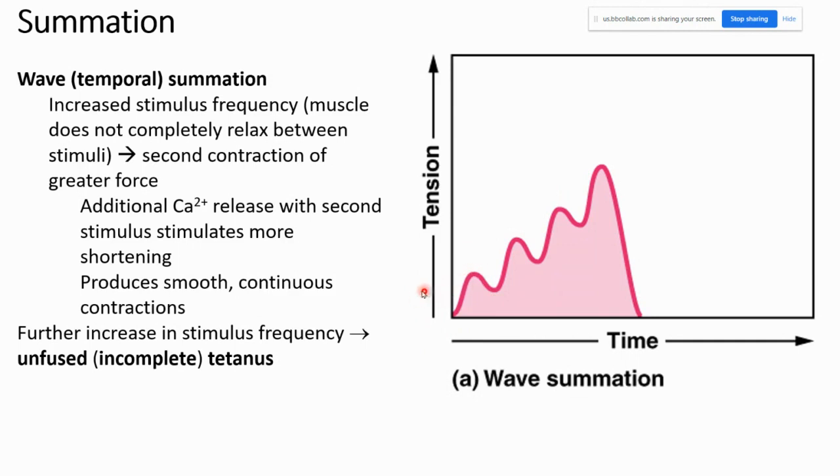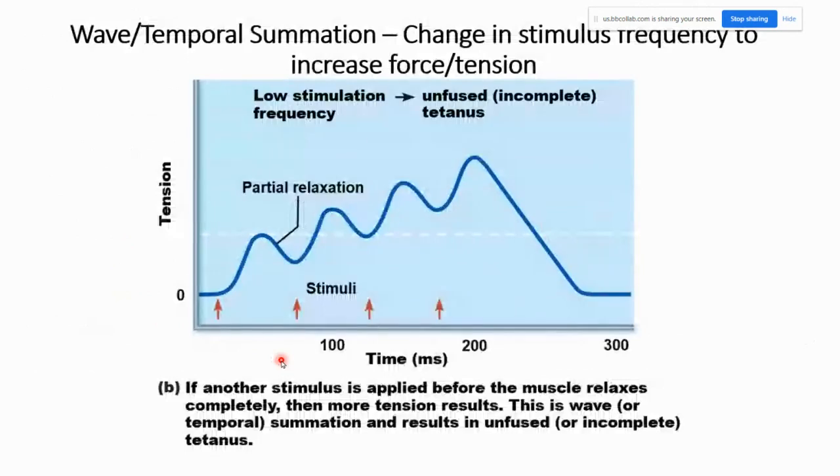So we can send action potentials in to our muscle fibers, one after another. I'm going to go to the next slide because the picture's better, but it's the same information. So on partial relaxation, another stimulus, like you can see with this arrow, is sent. Each time a stimulus is sent, we get a stronger and stronger contraction because one's just piggybacking on the other. It's taking advantage of the fact that relaxation takes a lot longer.